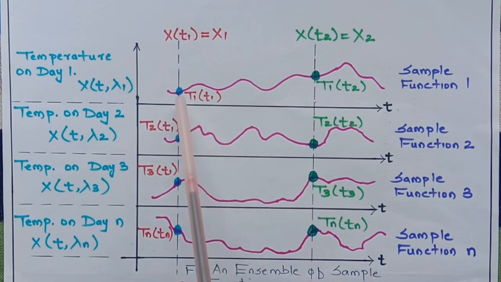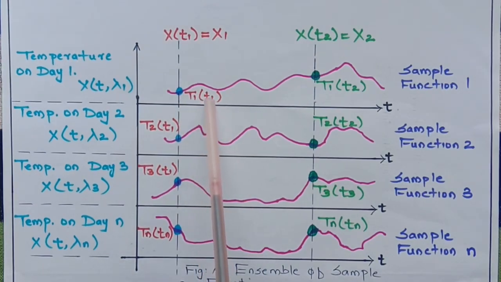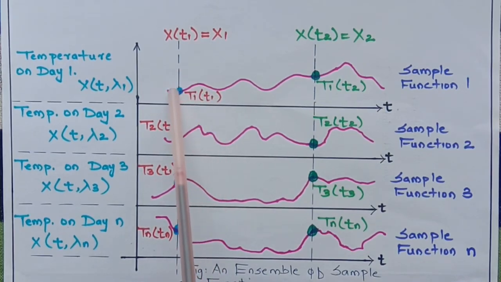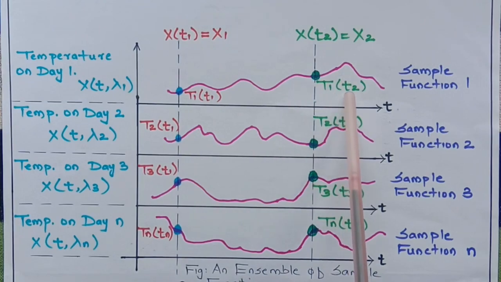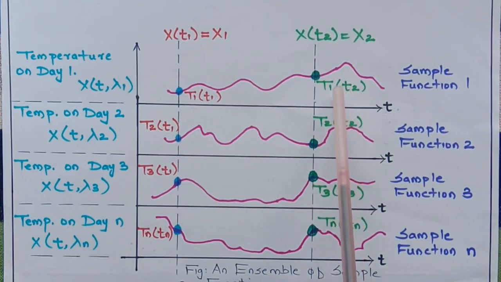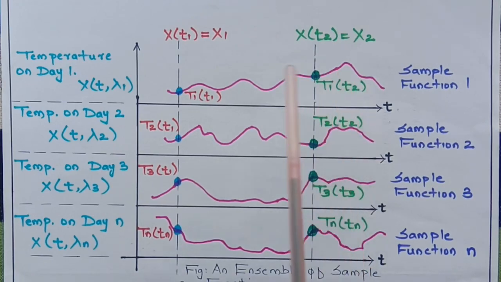This is the instant, small t1, at which we are going to record the temperature. Similarly, we are going to record the temperature at instant small t2. Capital T1 represents temperature 1, which means on day 1.